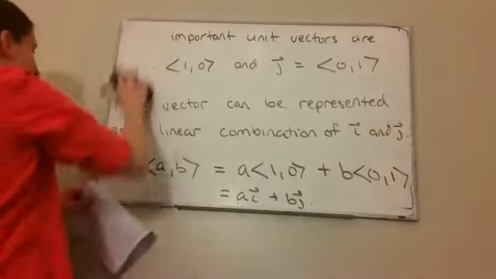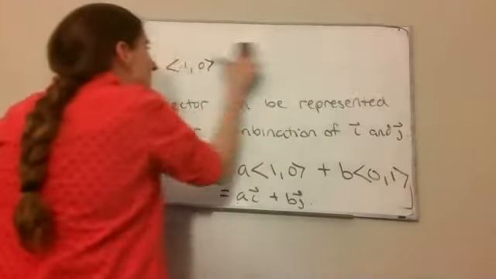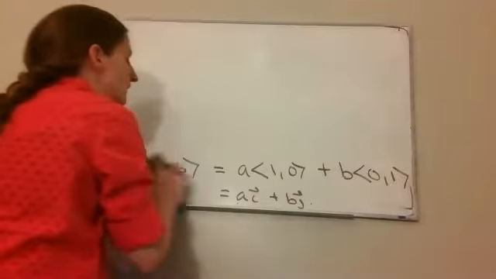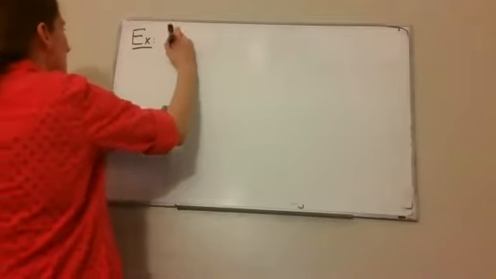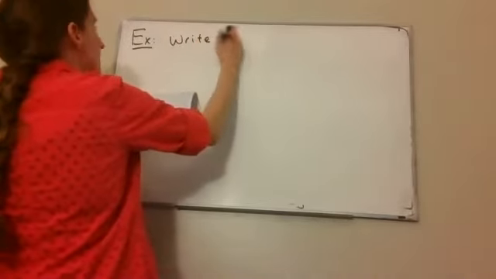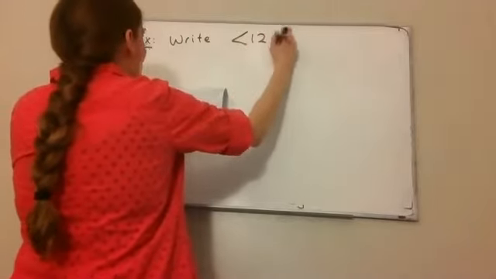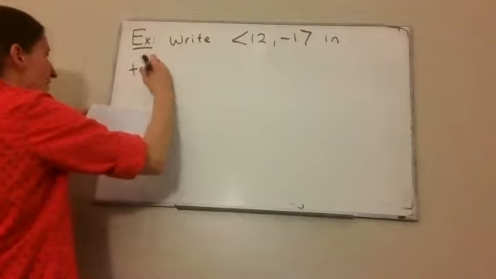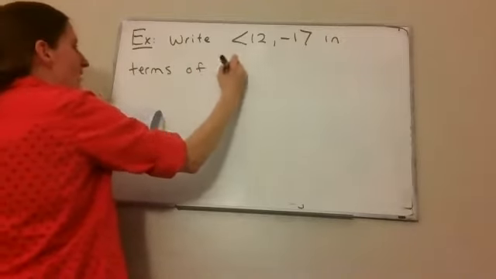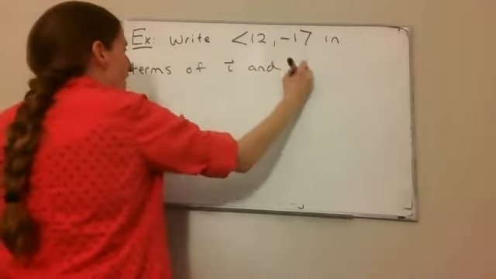So an example of this. Write 12, -1 in terms of I and j.